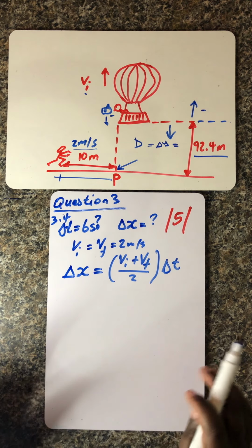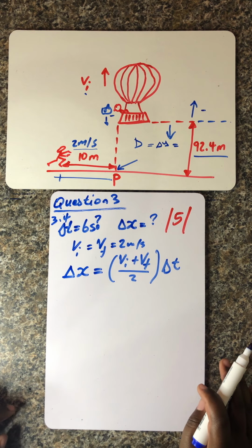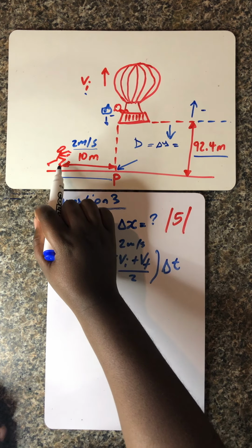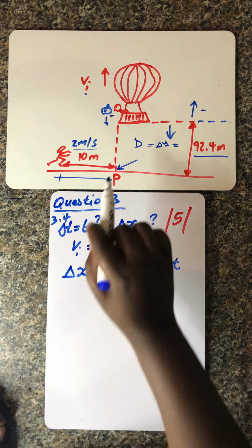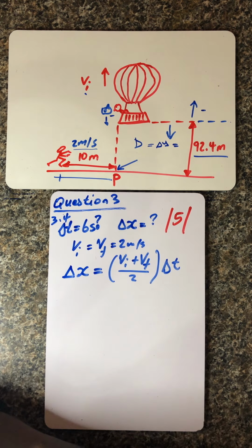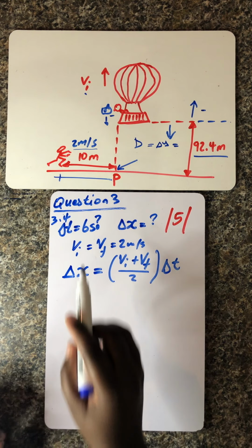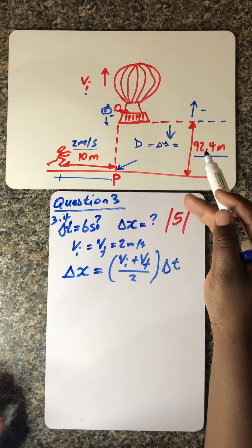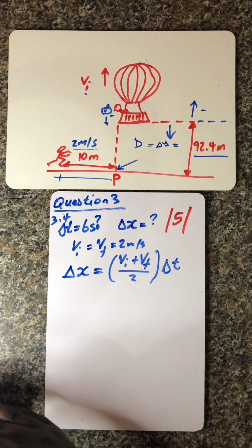What are we actually trying to calculate here? We want to check how long it will take this runner to get to point P when he's jogging at a constant speed of 2 meters per second.